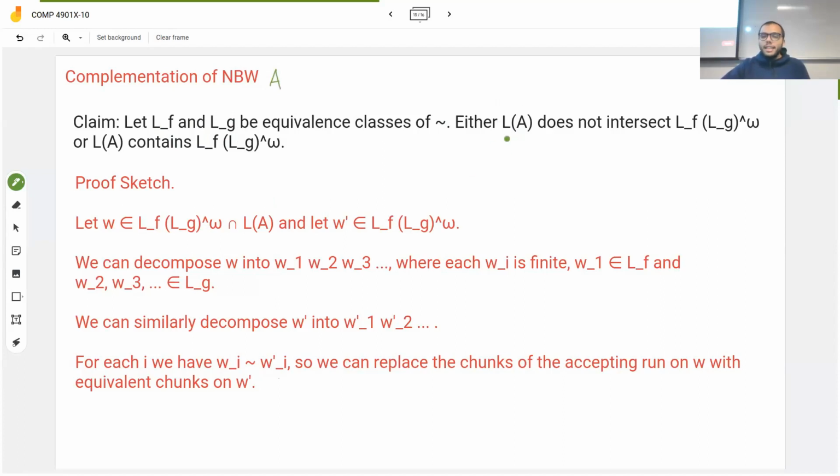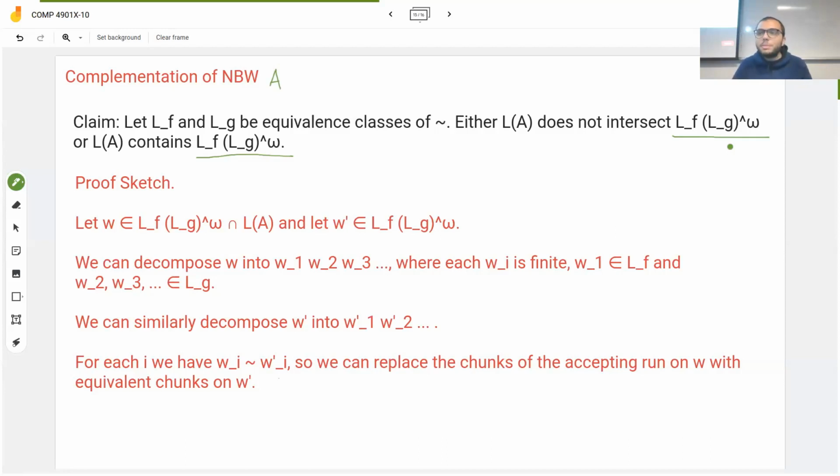I say that either the language of A does not intersect LF LG omega, or the language of A contains all the strings in LF LG omega. Take all the sets that are of the format LF LG omega. For each one of these sets, either it's entirely inside the language of A, or it doesn't even touch the language of A.